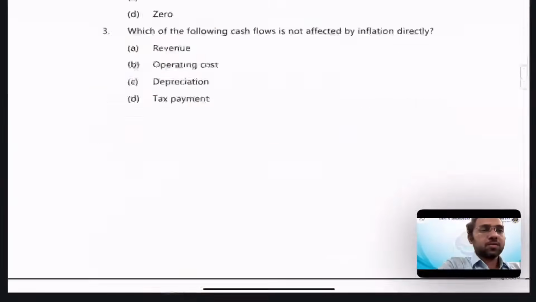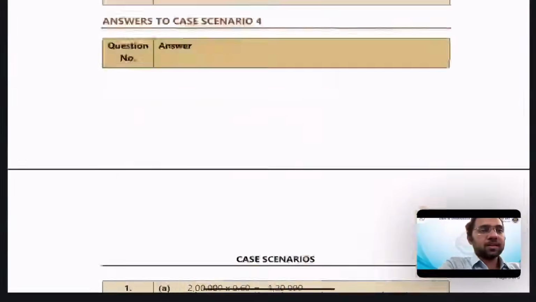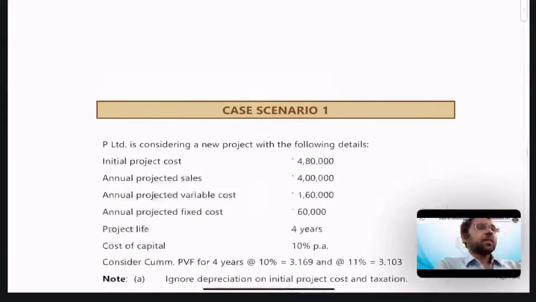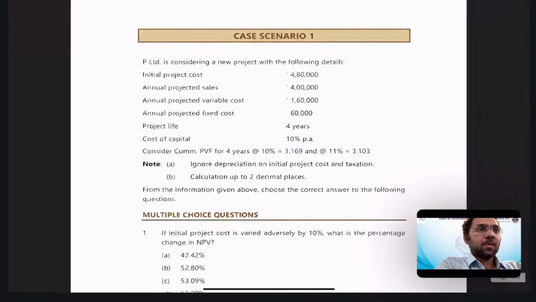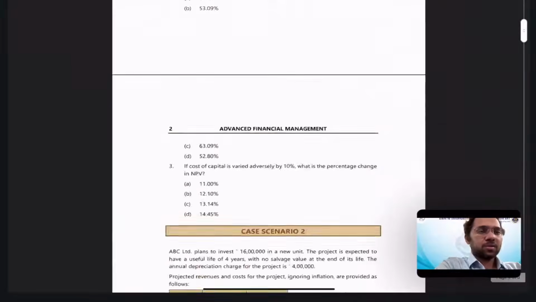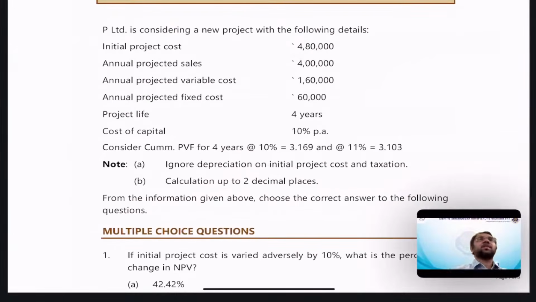A few MCQs, a few case scenarios and their respective MCQs that we're going to discuss. And then maybe we'll take up certain other questions for discussion also. Now, before we look at the discussion of it, just go through the question for a minute, guys.